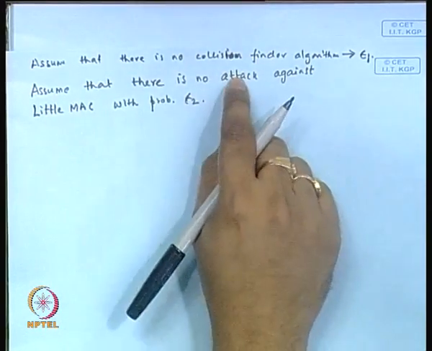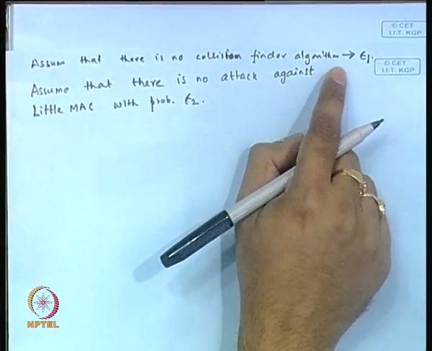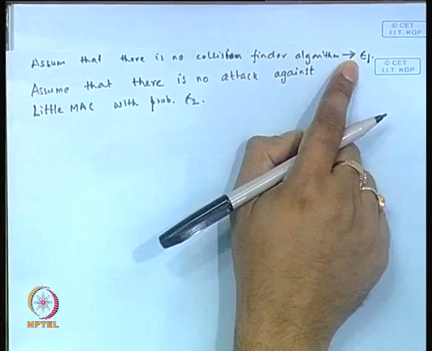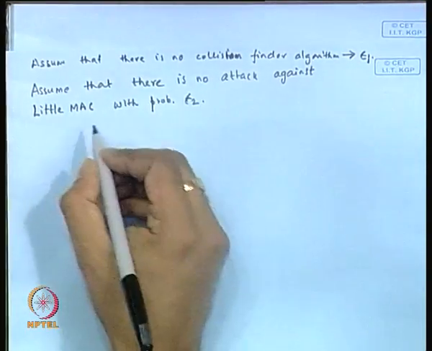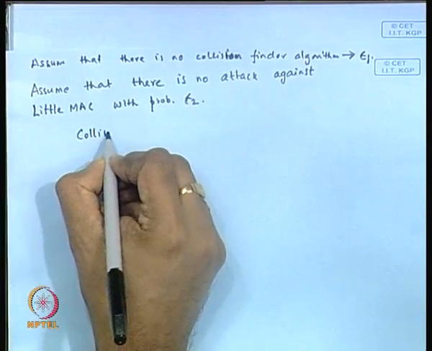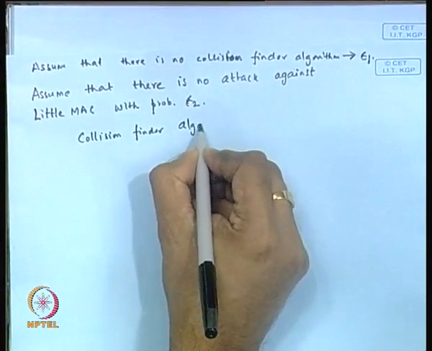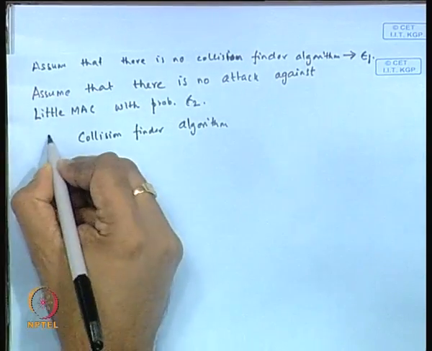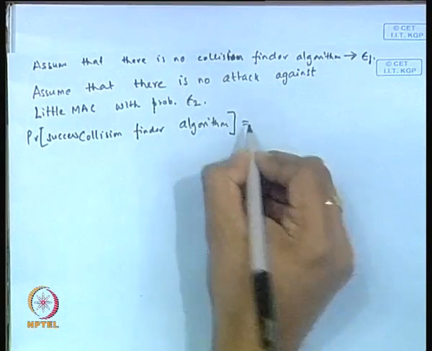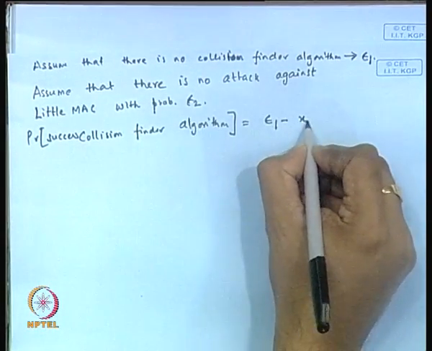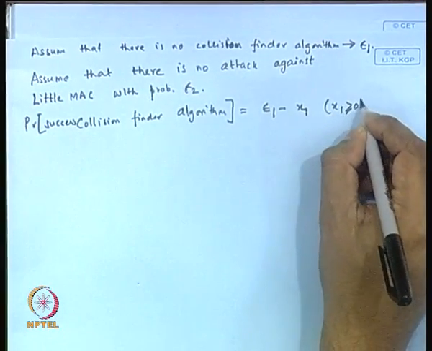Which means that if there is a collision finder algorithm, then the probability of success of the collision finding algorithm will be lesser than epsilon 1, right. So if there is such an algorithm, then the probability of its success will actually be epsilon 1 minus some x1, where x1 is greater than or equal to 0.